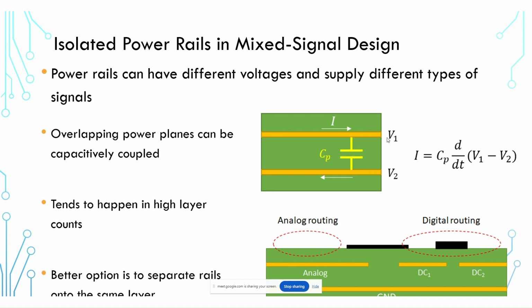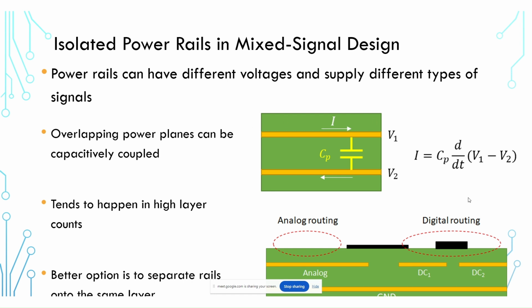The result is that you have a time varying electric field that exists across this plane. And when you have a time varying electric field and a time varying current in this region, you generate an electromagnetic wave. That is exactly what creates an electromagnetic wave, and it would then be observed through the edge of the PCB as radiated emissions.